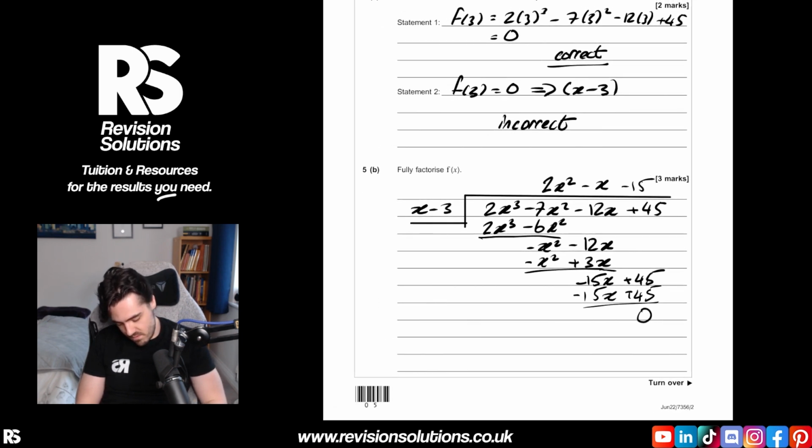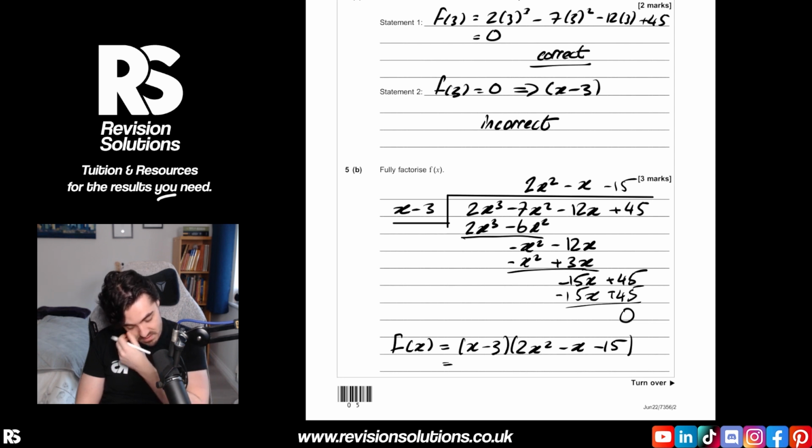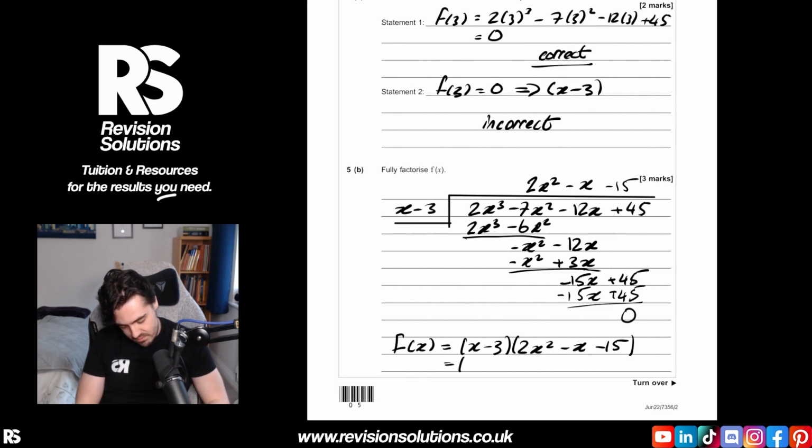So far we've realized that f of x now can be written as x minus 3 times 2x squared minus x minus 15. And then it says fully factorized. So we'd like to search for some factors for this. So I would start with thinking, well, it's going to be 2x and x.